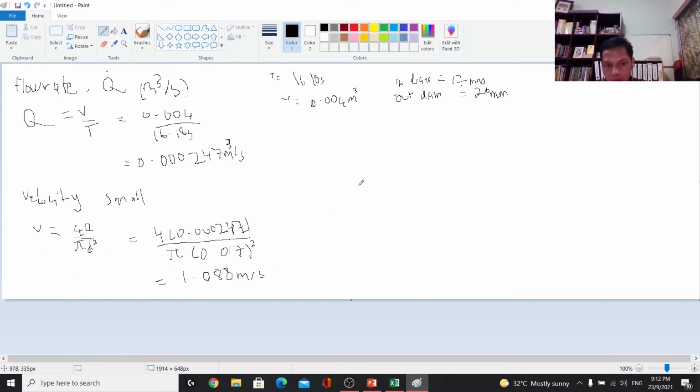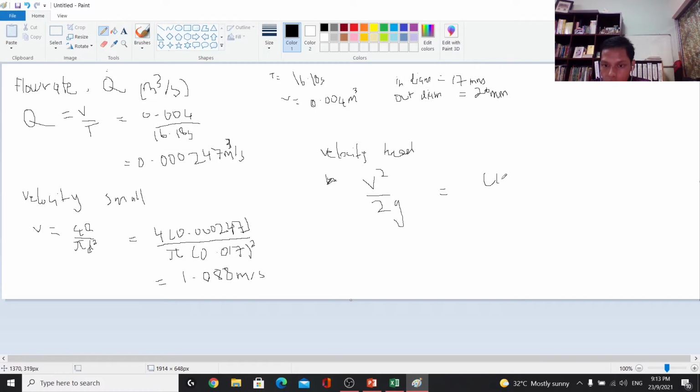And another one is the velocity head. The formula is V squared over 2g, where V is the velocity in the small bore pipe.